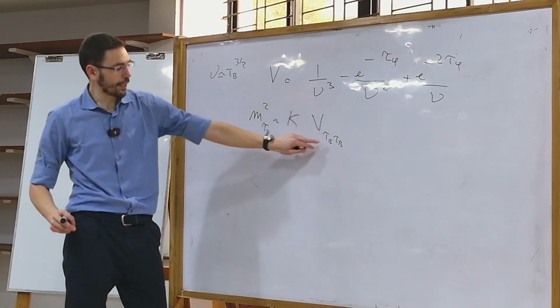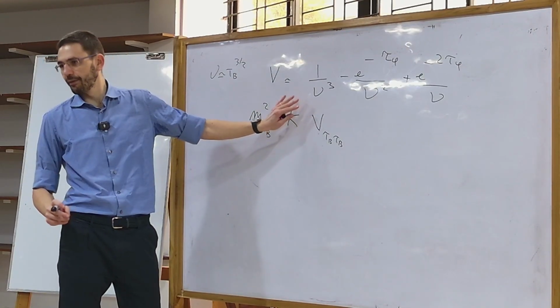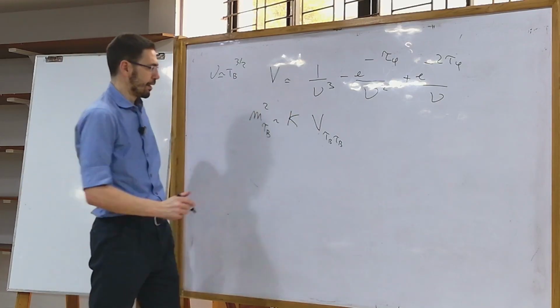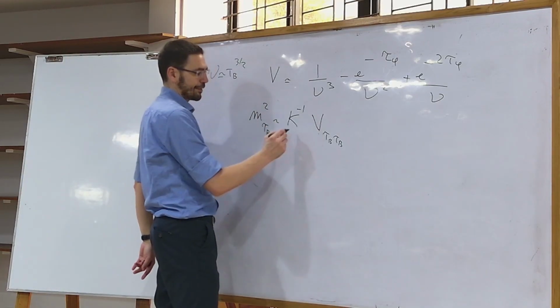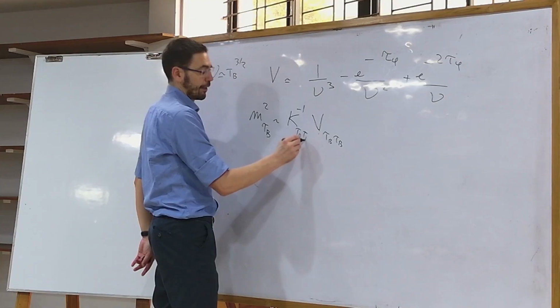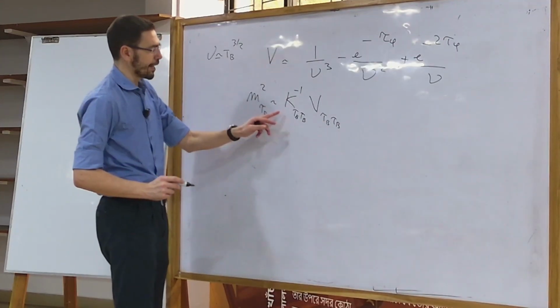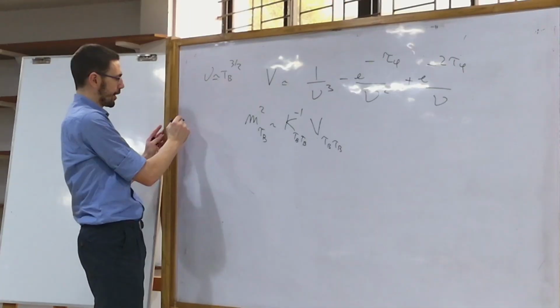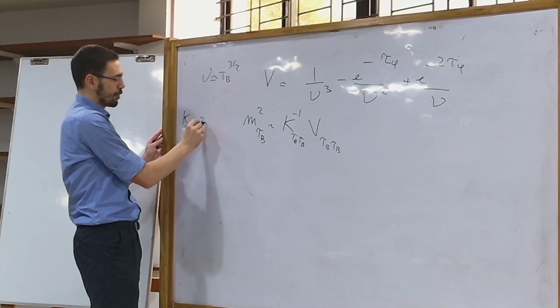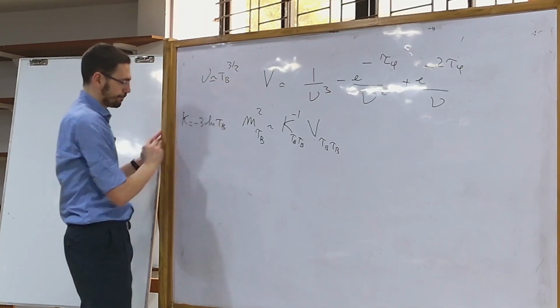But this would be true for the canonically unnormalized guy. Now you need to canonically normalize, and then you get the inverse scalar metric for tau big. And we've seen that this scalar metric is given by the second derivative of the Kähler potential, which is minus 3 log of tau big.